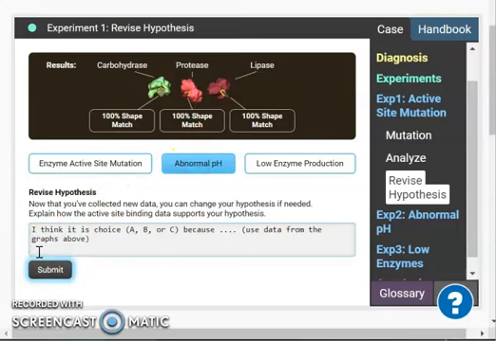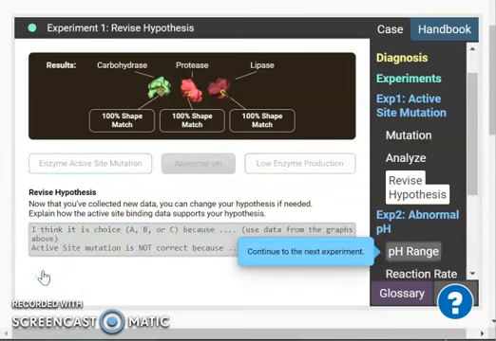So we want to add that active site mutation is not correct because, and here we want to use the data from above right here in order to do this. And then we can make a new hypothesis and hit Submit.